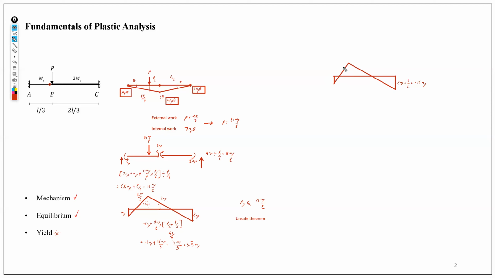At this point, because we multiply by 3 over 10, the maximum moment will be MP, and here it will be 0.3 MP. Right now, at any point, we are not violating the yield condition, and the corresponding P value, the load, is 21 MP over L multiplied by this.